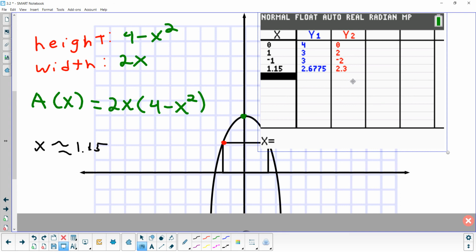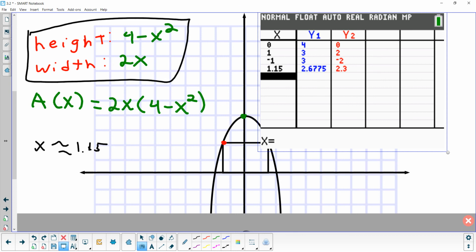Okay. So in this case, yeah, it doesn't end up being a square, but I think as long as you understand this, that's the important thing. The height of your rectangle is 4 minus x squared, and the width is 2x. And then the calculator can give us the maximum from there.